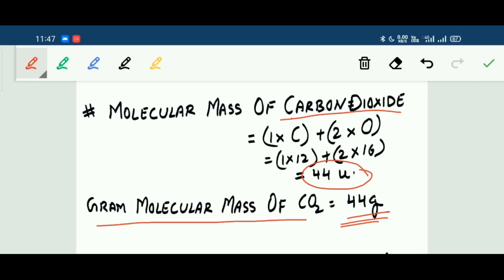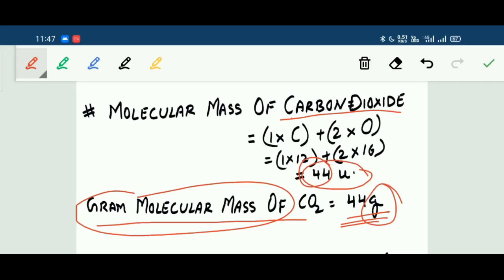So in simple words, we can say gram molecular mass is numerically equal to molecular mass but taken in terms of grams. So students, if we replace u with g, then the molecular mass becomes gram molecular mass. Similarly, if we replace u in atomic mass, then it will be known as gram atomic mass.